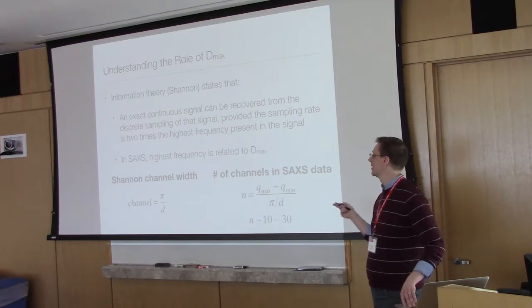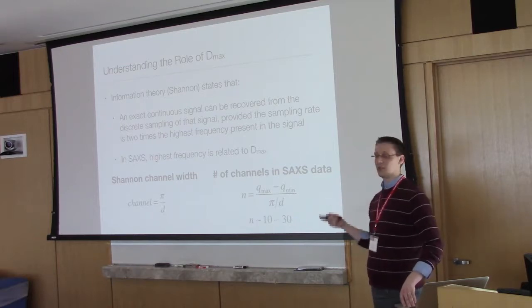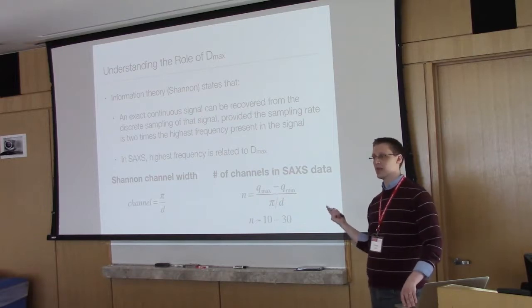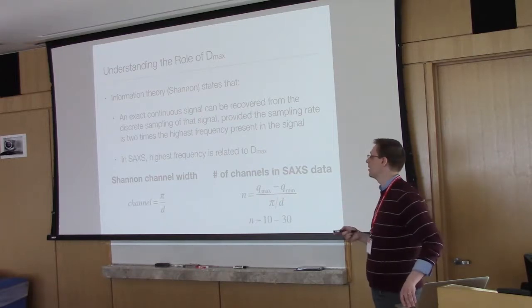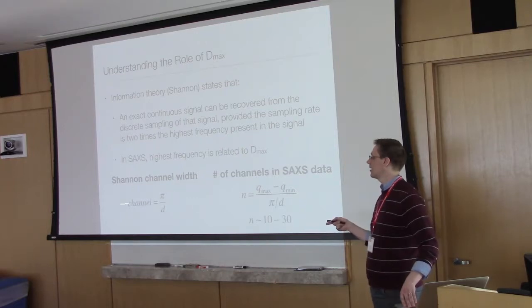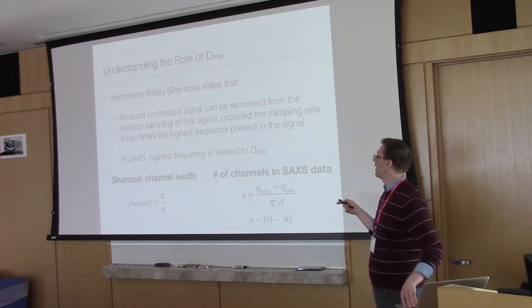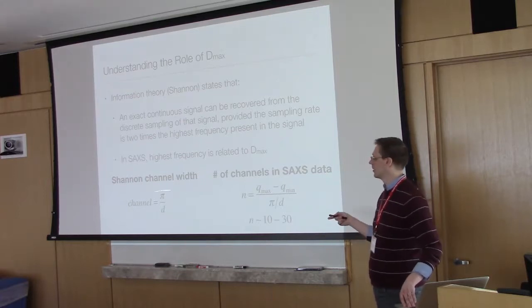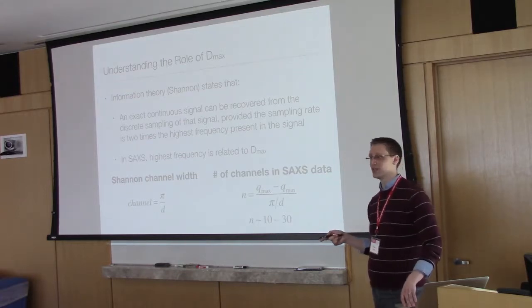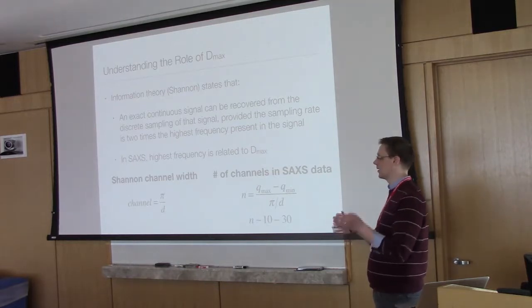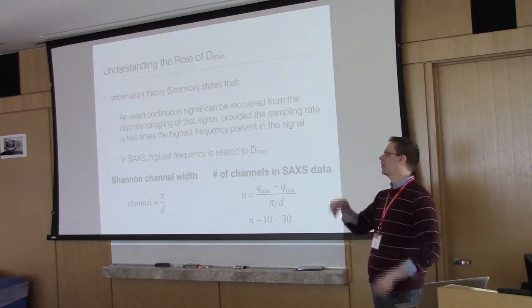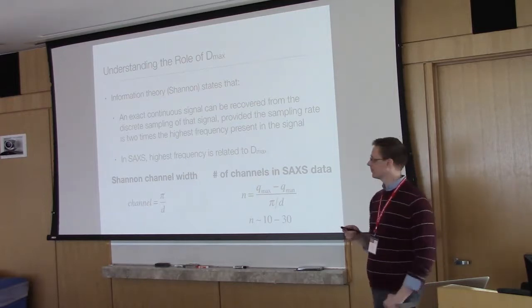In the case of SAXS, remember we're dealing with reciprocal space, that highest frequency corresponds to the maximum particle dimension. Remember it's twice that, so it's 2 pi over 2 Dmax, which ends up being pi over Dmax. That gives you what we call a Shannon channel, the width of the highest frequency in your data.